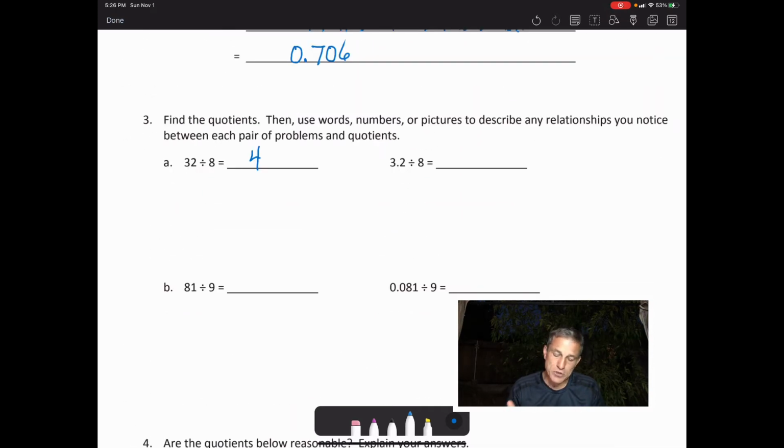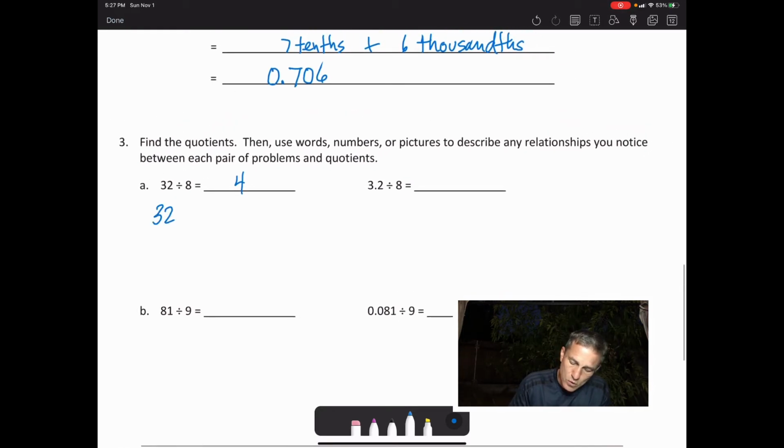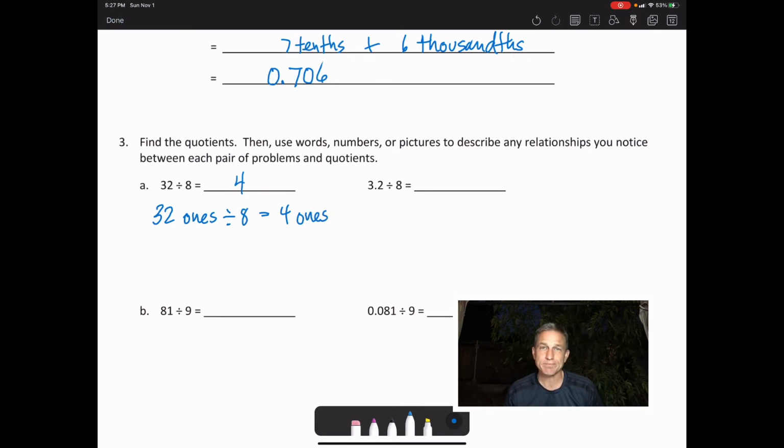I think maybe we should write it in unit form so we can see how it relates to all the other ones. If we wrote it in unit form, we would say 32 ones divided by 8 equals 4 ones, and we'd get our 4.